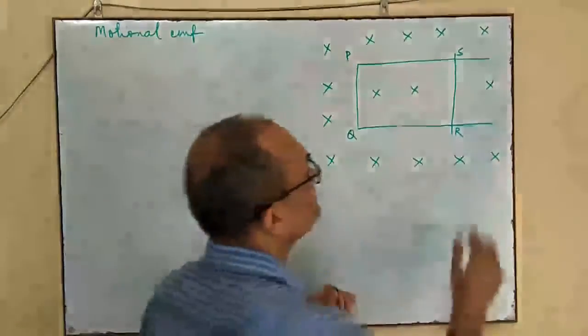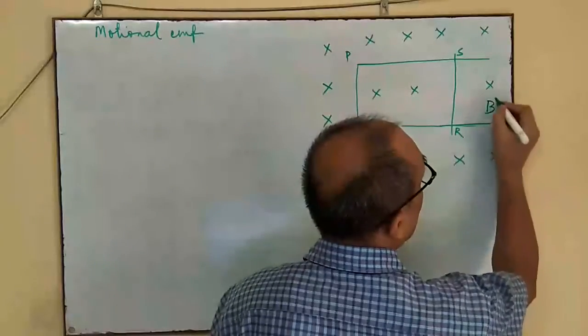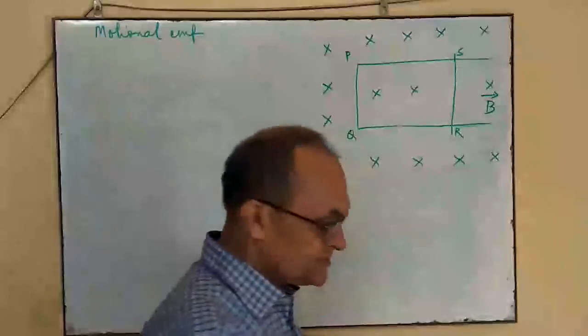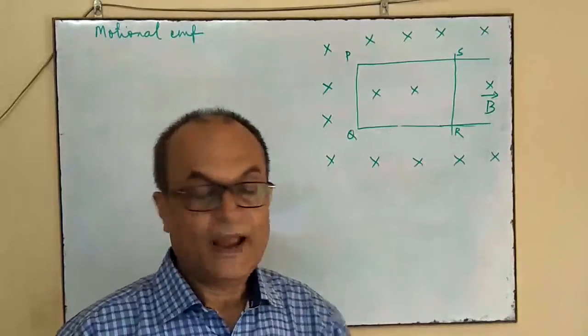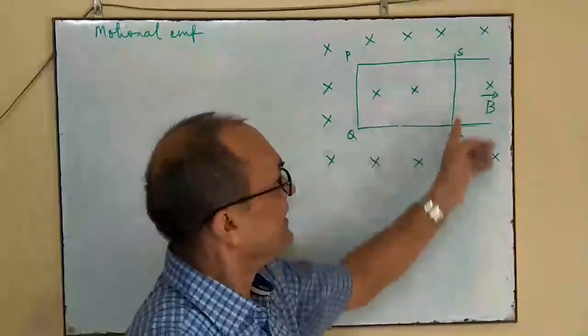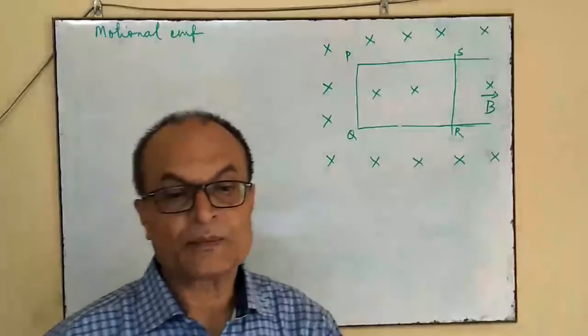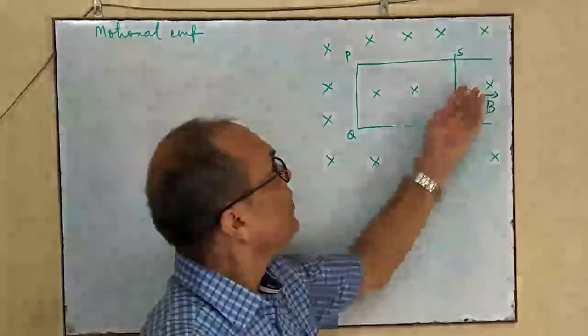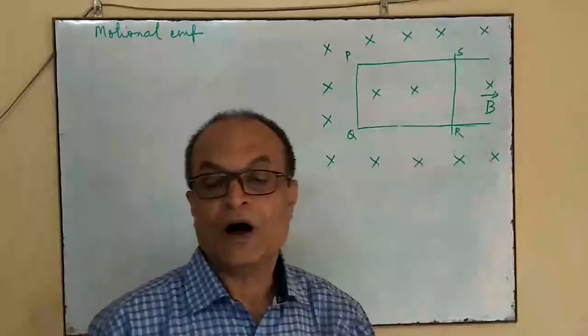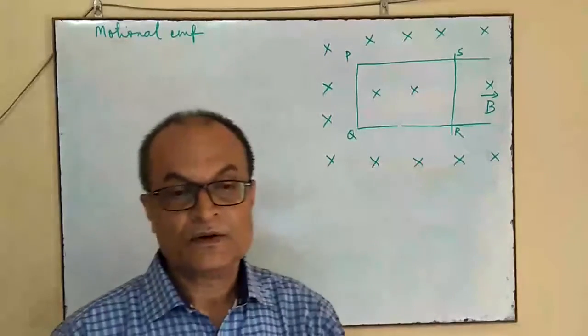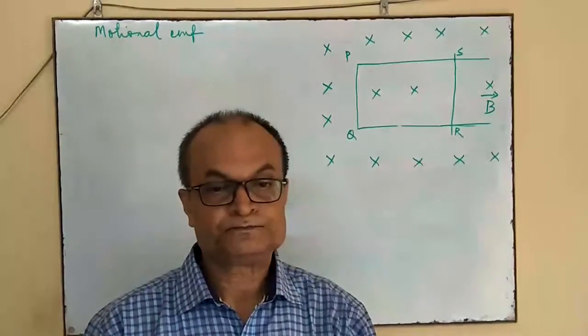Suppose B is the strength of the magnetic field. This RS arm can move on this PS and QR without any friction.